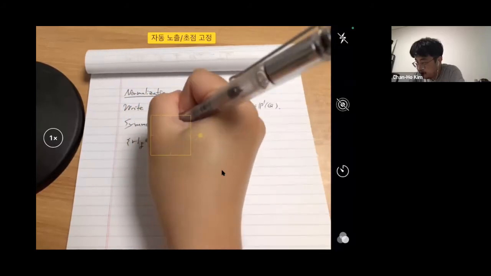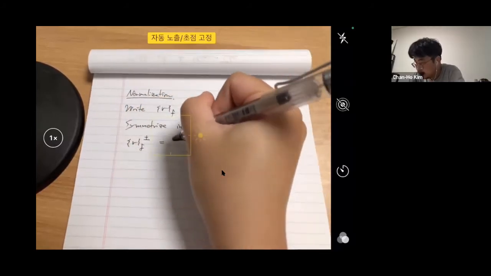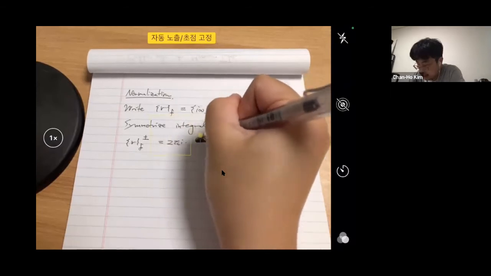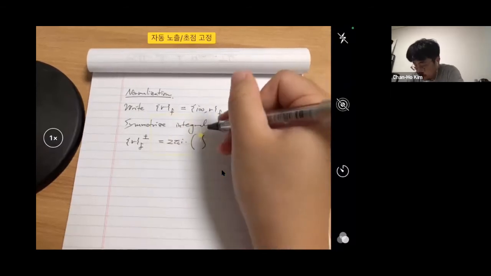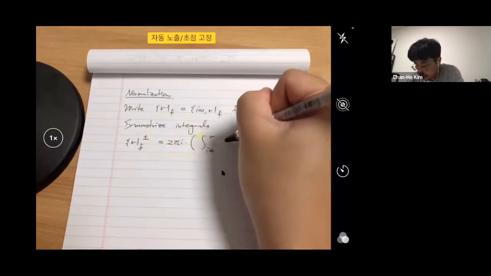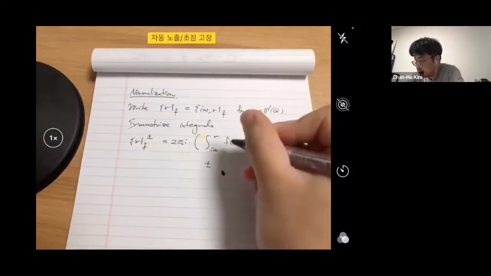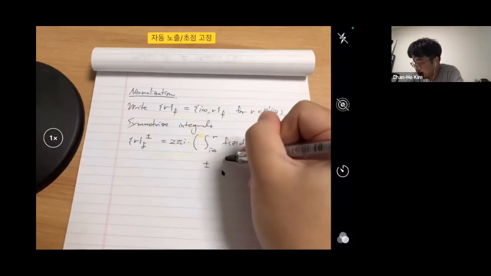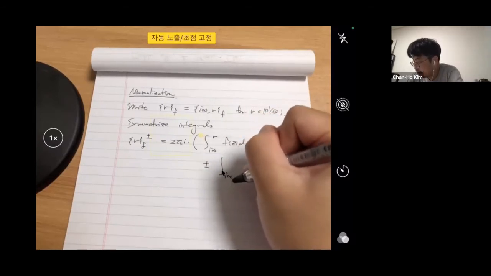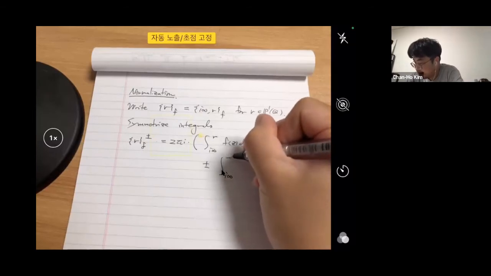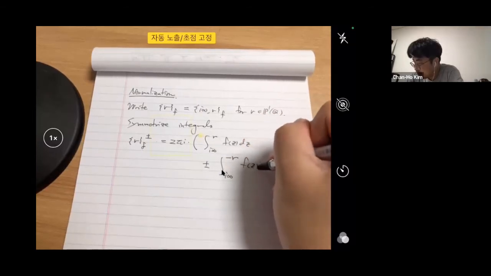Then [r, F]^± is 2 pi i times the integral from i infinity to r of f(z) dz, plus or minus, corresponding to the sign, the integral from i infinity to negative r of f(z) dz.